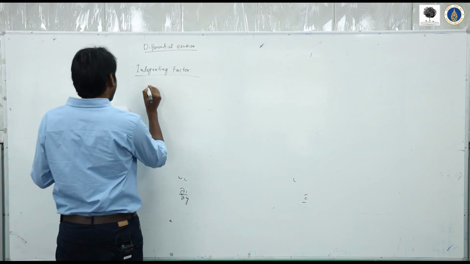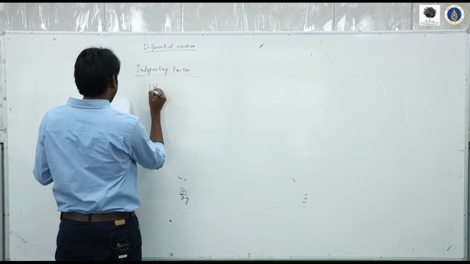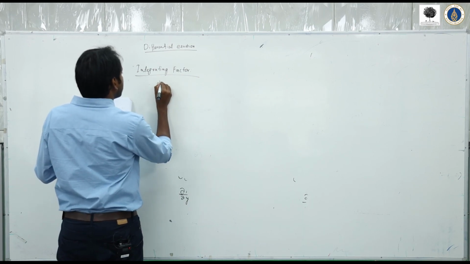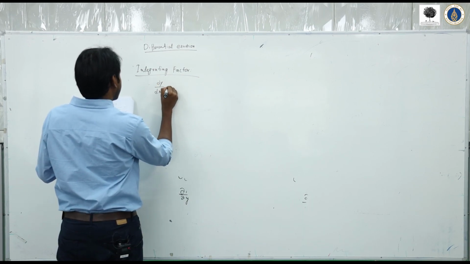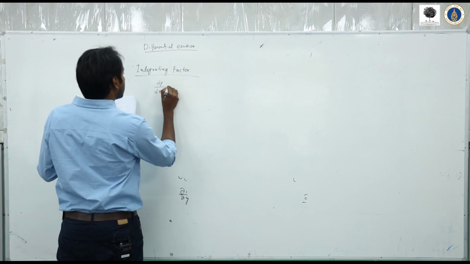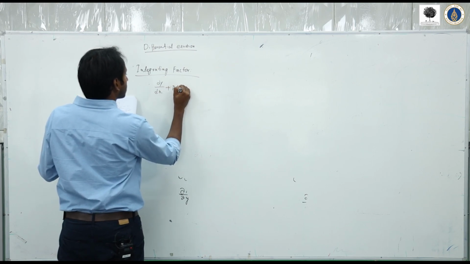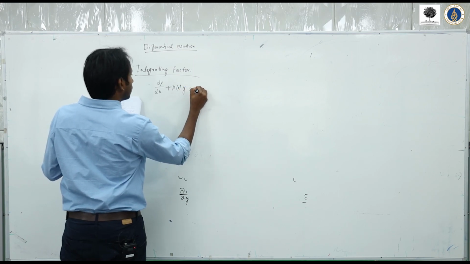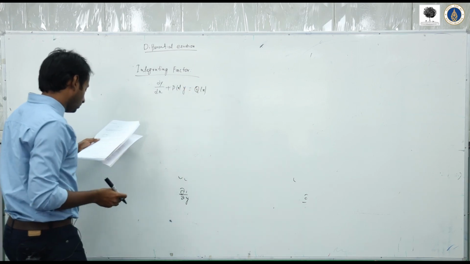So suppose you have an equation which is like this, dy by dx plus p, this could be a function of x, y also, times y equal to q(x). This is the form of the differential equation.